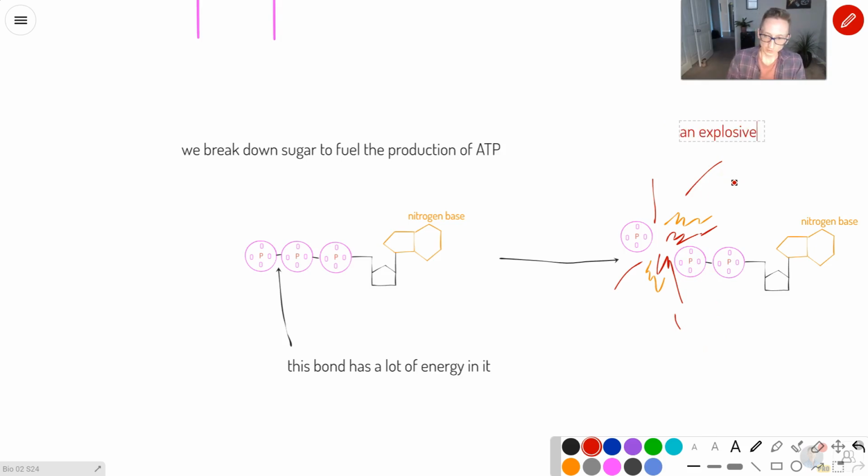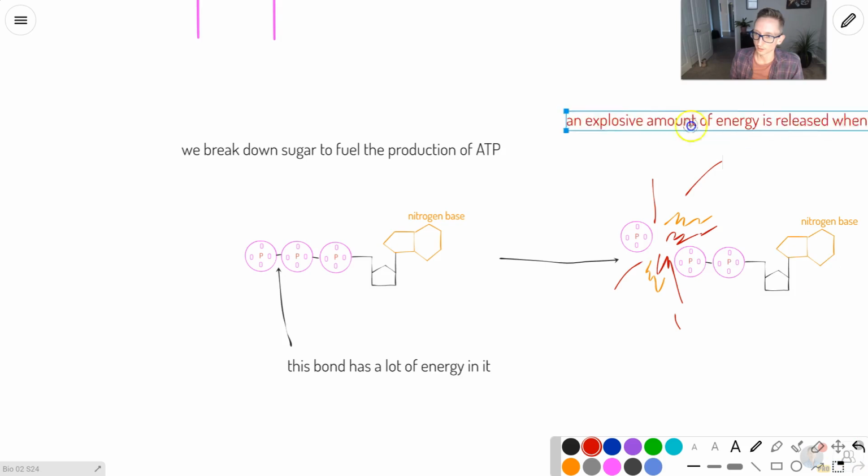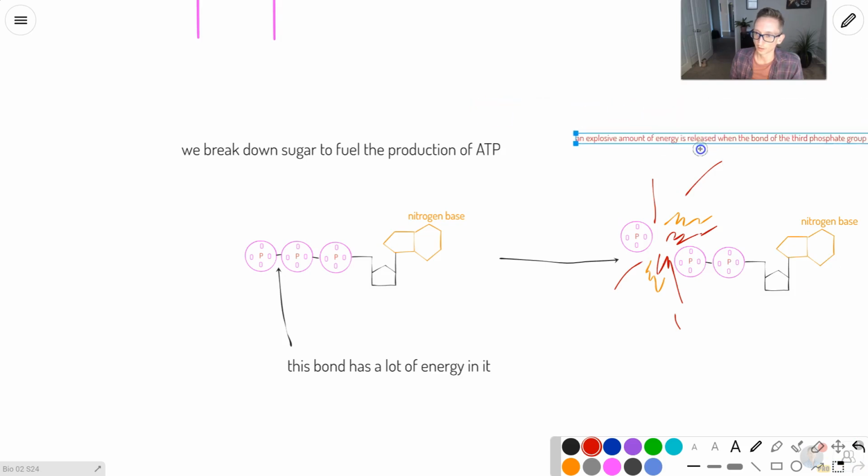An explosive amount of energy is released when the bond of the third phosphate group is broken. Pretty nifty indeed. So we use this as an energy currency.